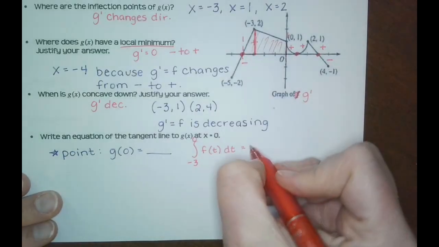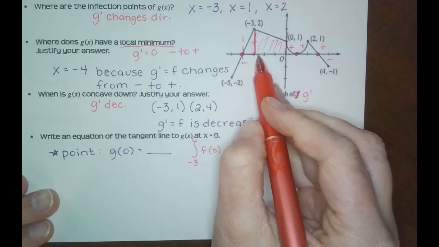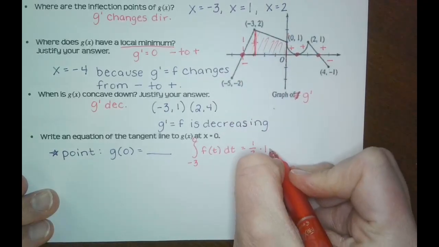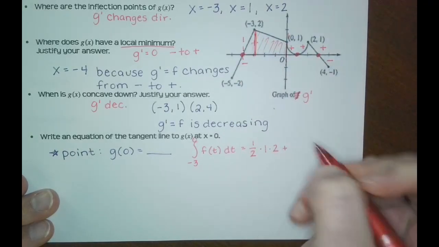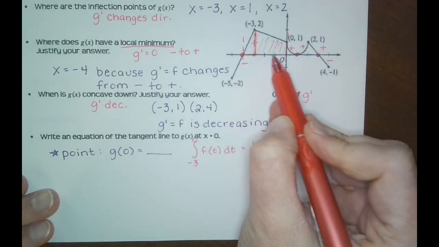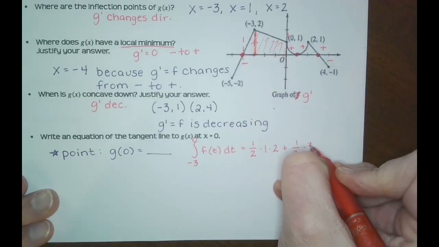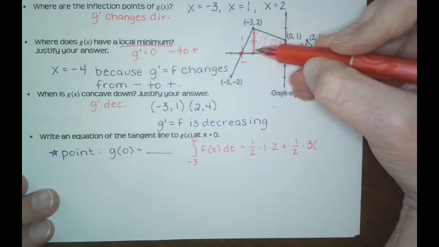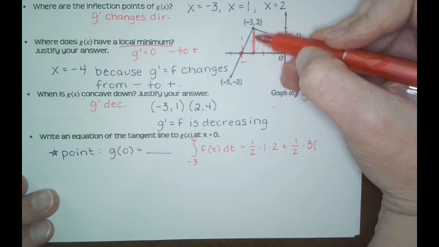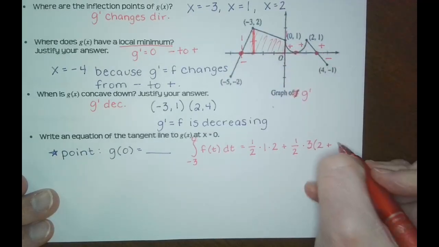Okay, so I'm going to say for the triangle, it's 1/2 times 1 times 2. And then the trapezoid would be 1/2. The height of the trapezoid would be here, so that looks like 3. And then my bases would be the two vertical sides, so that's a 2 and a 1.